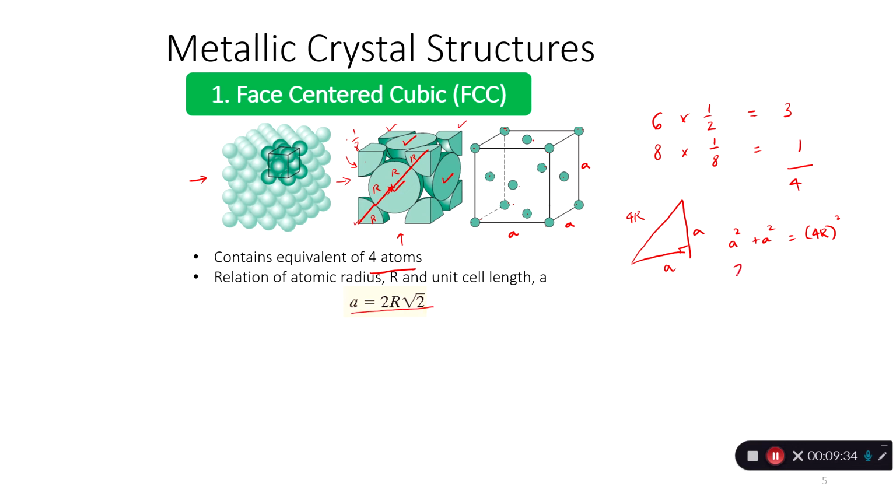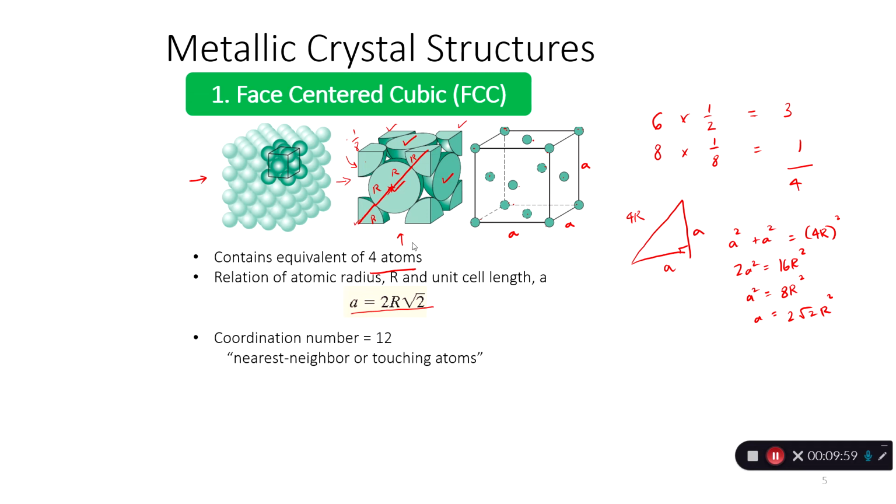Okay, so that's 2A squared equals 16r squared. A squared equals 8r squared. Therefore, A equals 2 square root 2 r. Alright, so we get this, same as this.